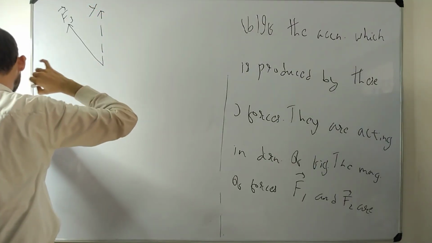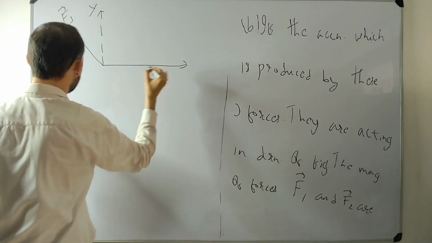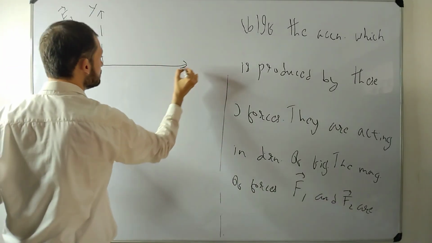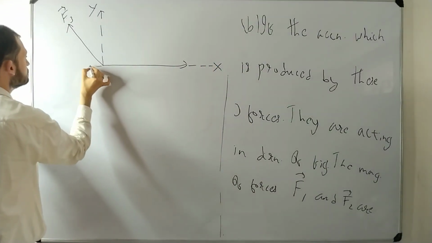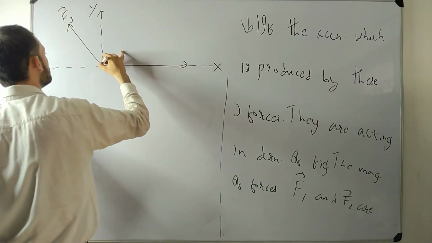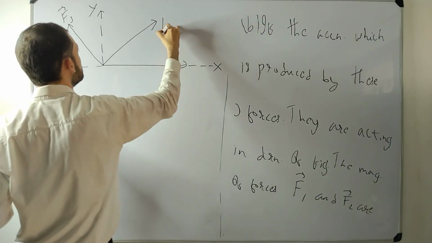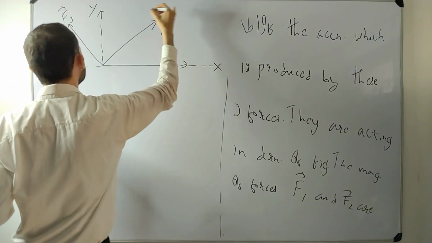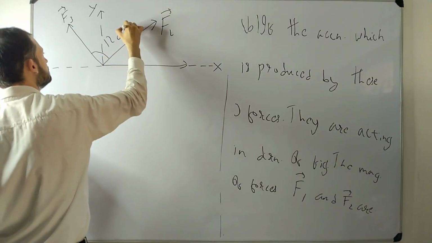There are trees and everything is so well balanced in nature. This is X. This is F2. And this is 120 degree.